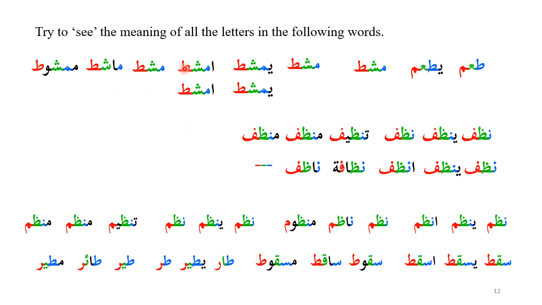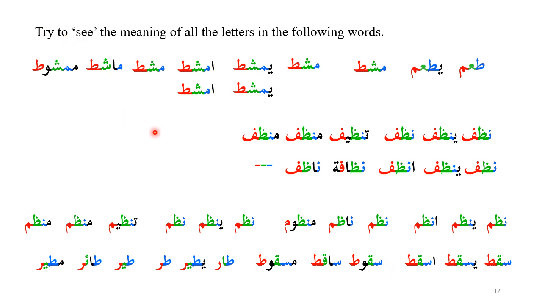So please try to see the meaning in all these letters. I have removed the tashkil and have made it very easy for you to understand. So you should be able to figure out the meaning of each of these letters, and what they mean, along with learning the 6 basic forms of the words, 3 for verbs and 3 for nouns.